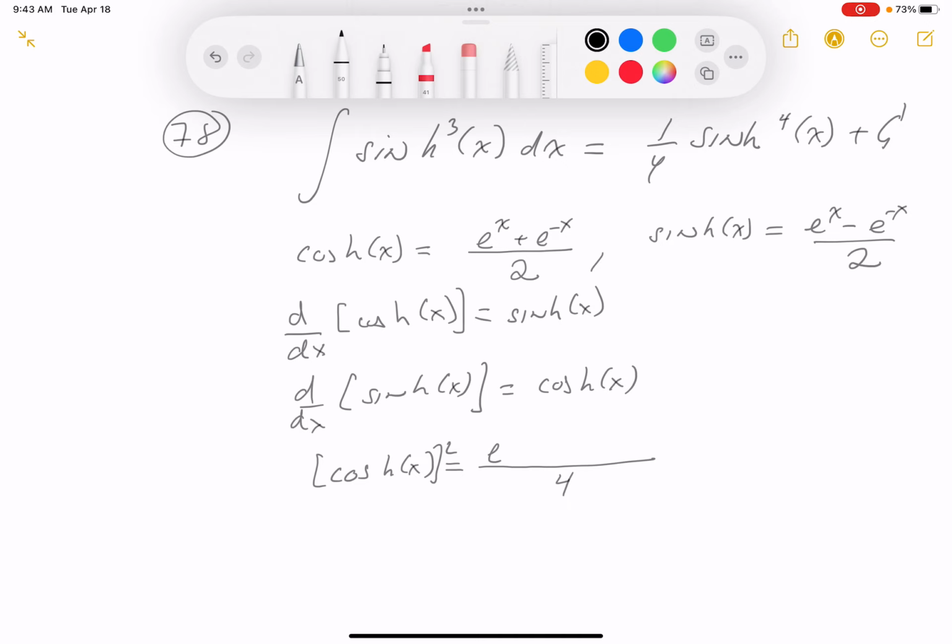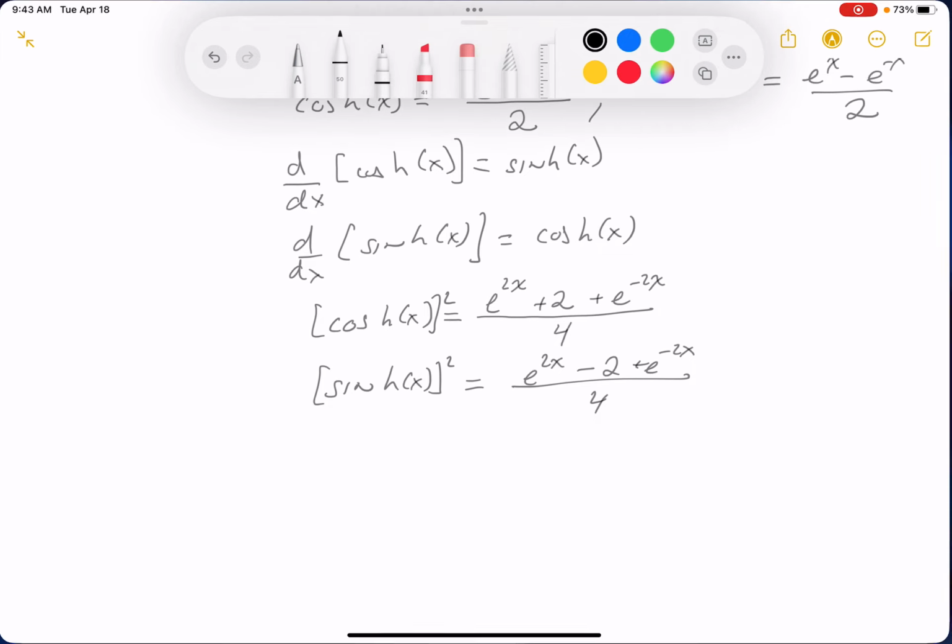I would get e to the 2x, and then plus 2, and then plus e to the minus 2x. Let me look at the hyperbolic sine now. Square it. That's 4. Get e to the 2x, minus 2, plus e to the minus 2x.